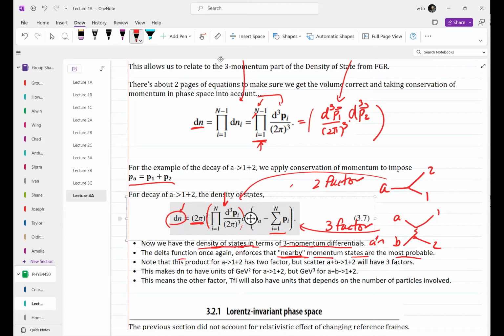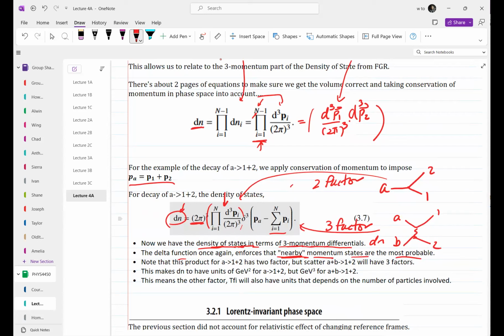Yeah, the units of dn change. When you multiply 2 momentums together, you get GeV squared. When you multiply 3 different momentums together, you get GeV to the 3rd power.